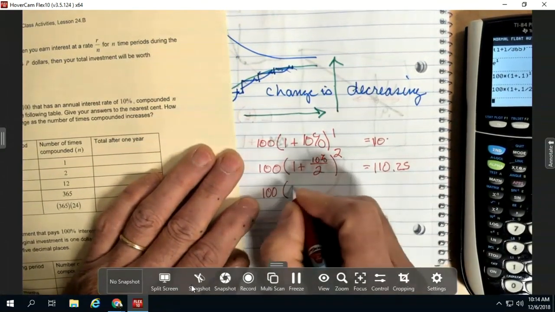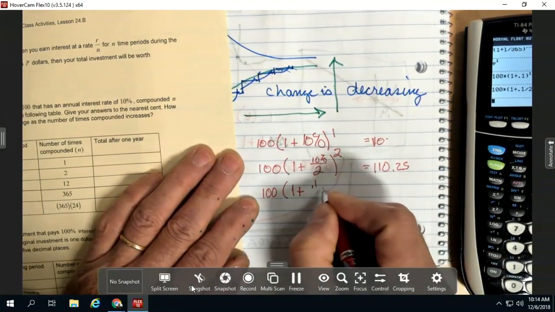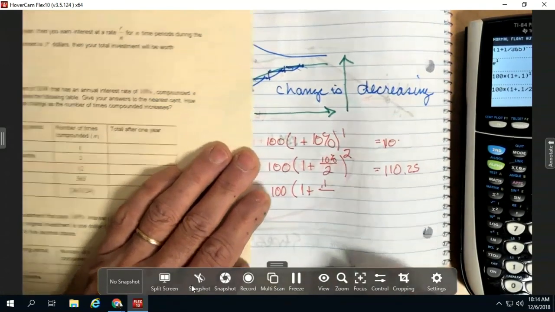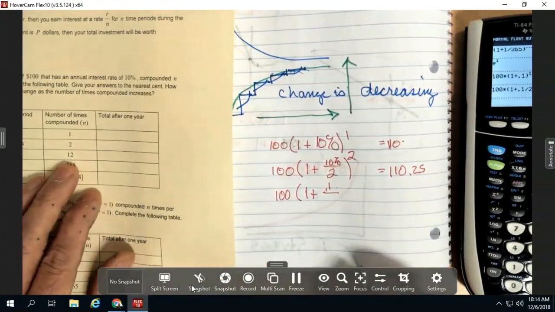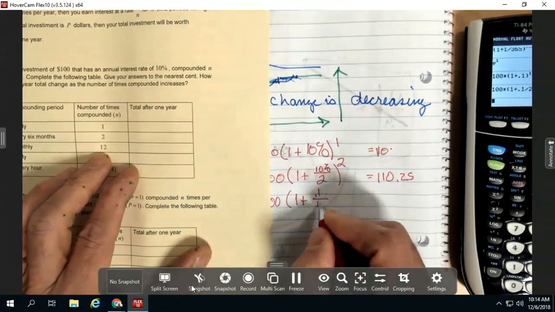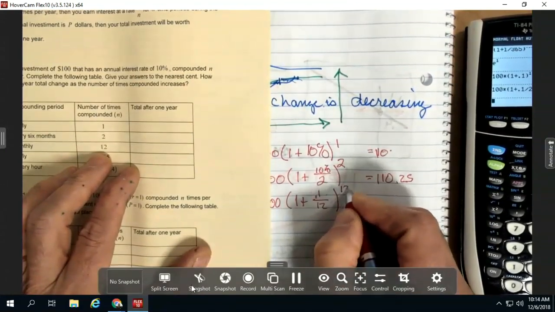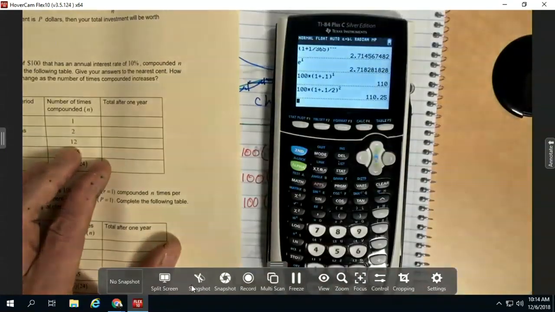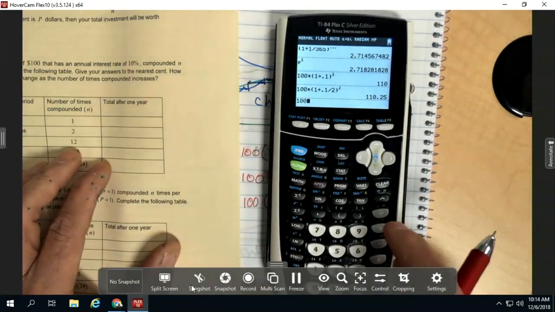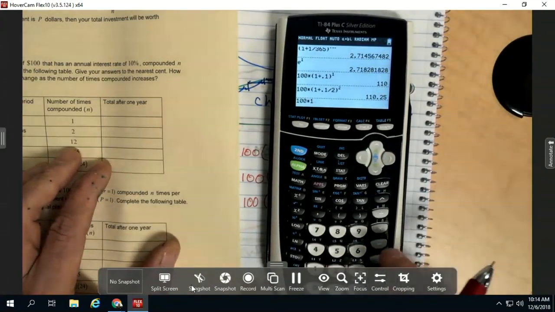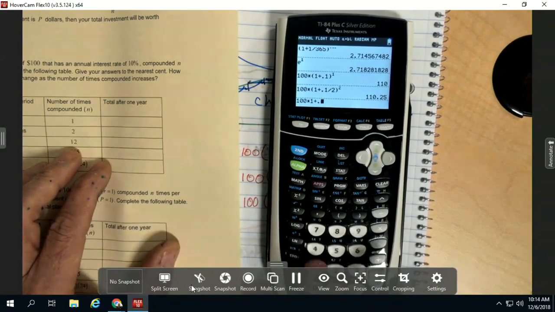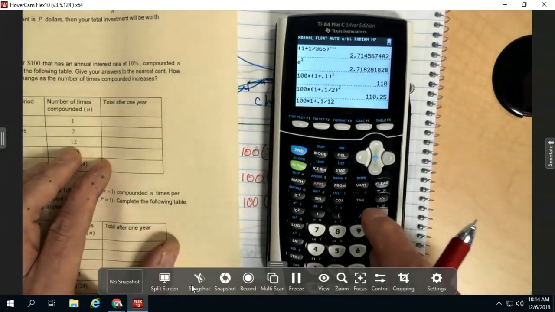Then 100 times 1 plus 0.1 over monthly, to the 12. So 100 times 1 plus 0.1 divided by 12.